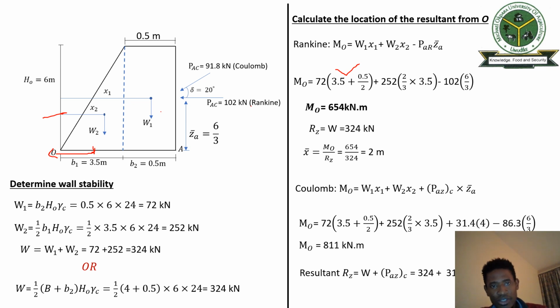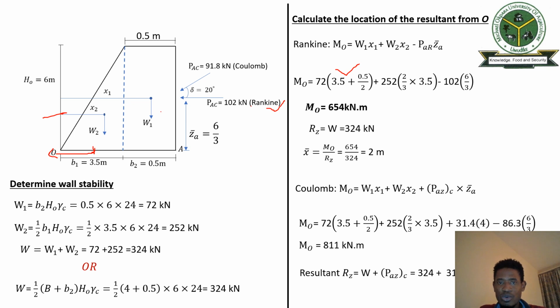If I click again, you see that this particular one I wrote, Rankine, is 102. And this 102, we have calculated it already in the last slide. Somebody will ask, where is the 102 coming from? We calculated it from the last slide.